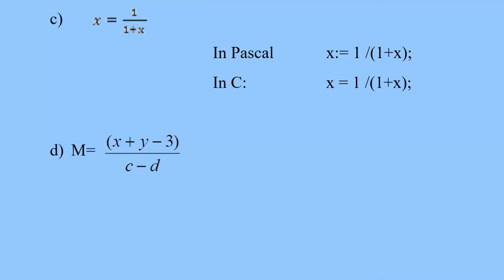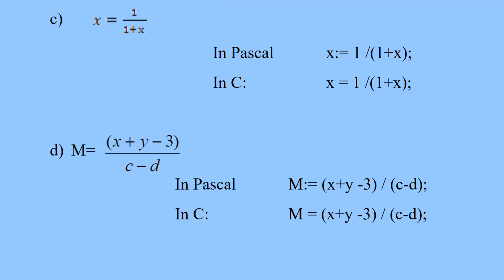For m equals bracket x plus y minus 3, close bracket, divided by c minus d, you write it as follows in Pascal and also in C. It simply means get the content of memory location recorded C, subtract the content of memory location recorded D from it.